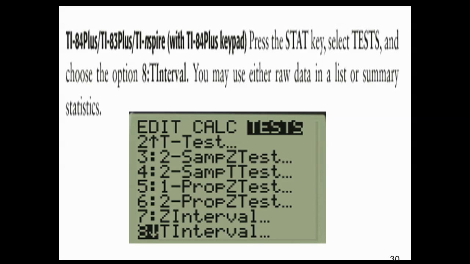If I'm using T-scores, I'm using the T interval. In other words, if I'm given S instead of sigma, I've got to make sure I'm using T-scores. It would be somewhat difficult if I threw all the problems at you and mixed them all up, but I put them in order. I put all the ones using Z first, the ones using T second, 7.1 followed by 7.2.